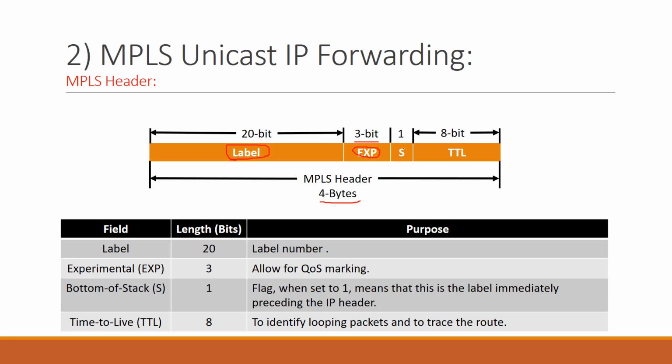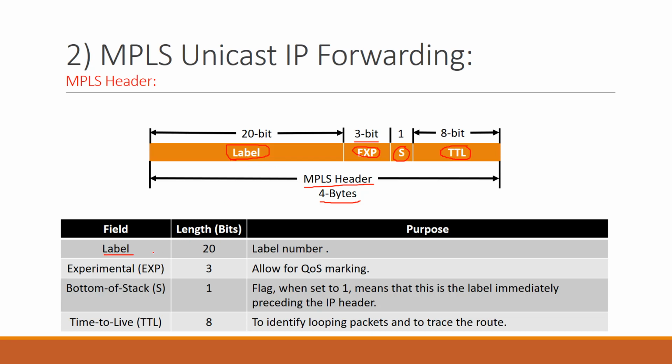The next 1 bit is called bottom of stack. The next 8 bits are called time to live. So the MPLS header has only 4 fields, and it is a 4 byte length header. So what are those 4 fields?